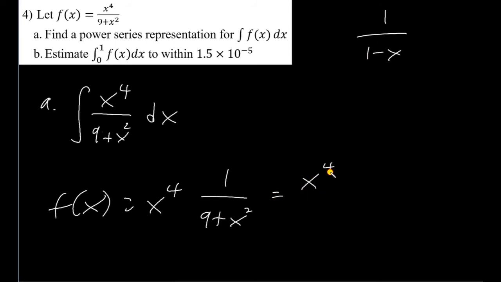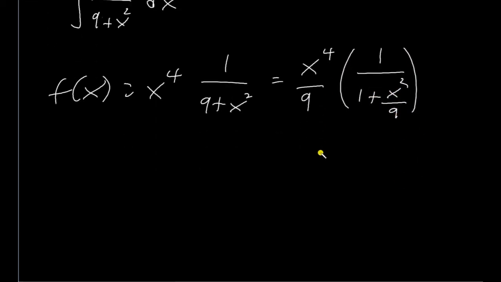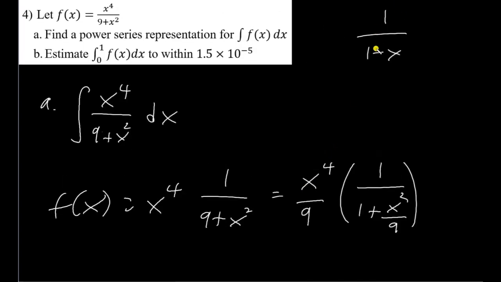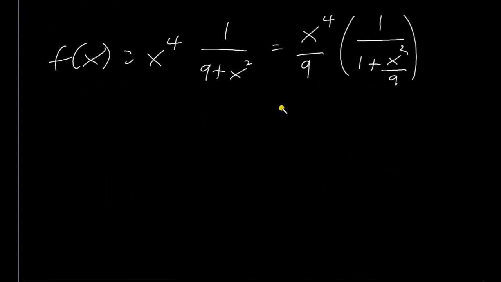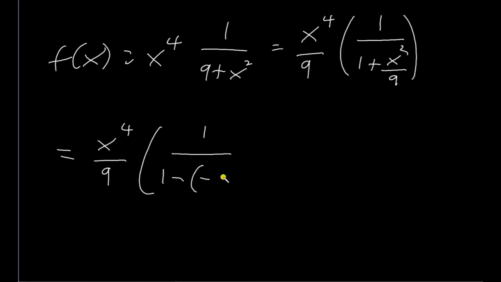So we'll get x to the 4th over 9 times 1 over 1 plus x squared over 9, like that. Okay, and then finally, notice that it's 1 minus a thing. So now I have a plus here, so to turn that into a minus, all I'll do is replace the positive with 2 different negatives. So 1 minus negative x squared over 9, like that, okay?